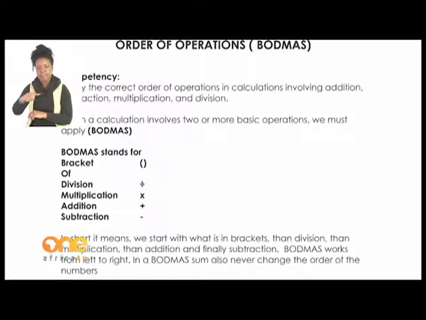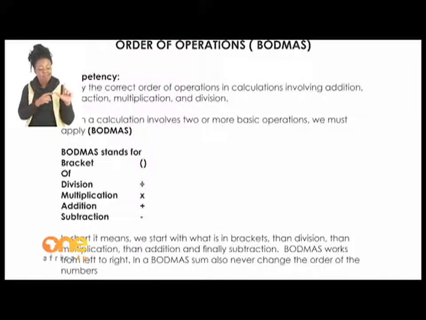So, in short, it means we start with what is in brackets, then division, then multiplication, then addition, and finally subtraction. BODMAS, boys and girls, works from left to right.